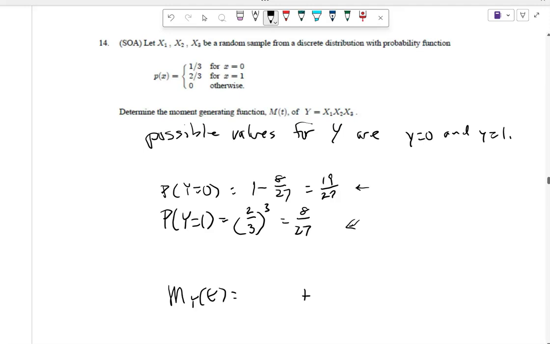It's the expected value of e to the t times y, in this case, times the probability, right? The probability for 0 is 19/27. And then it would be e to the 0t. But e to the 0t is just what? 1. And then you'd have 8/27 times e to the t.